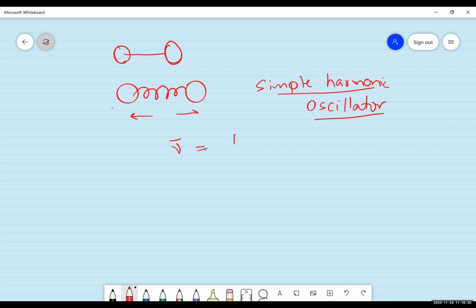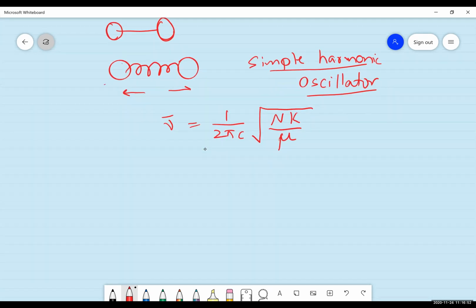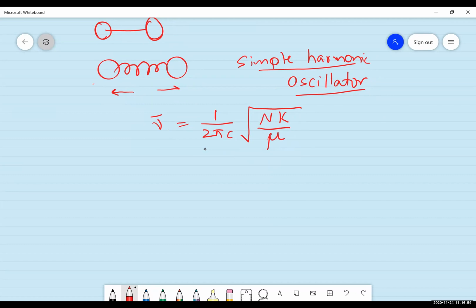That value comes out to be wave number equals 1 over 2 pi c times the square root of N k divided by mu. This is kappa, not k. c is the speed of light, a constant.